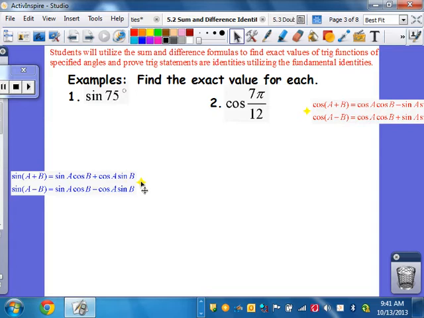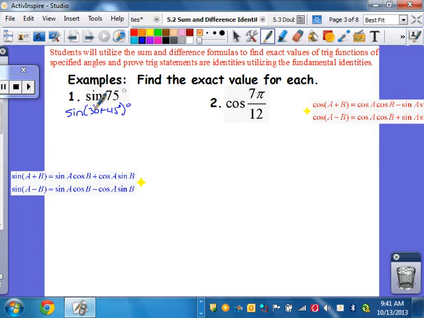When I look at this, I see, all right, 75, I could break that down as the sine of 30 plus 45 degrees. So I can treat this as a sum identity, okay?